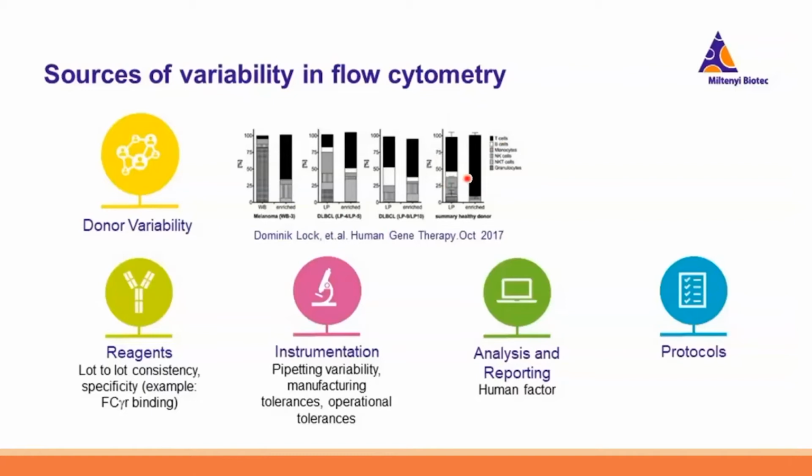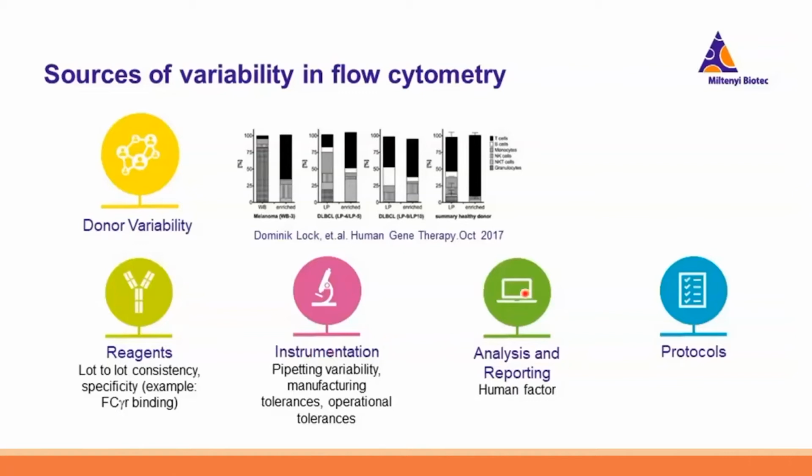However, there are also technical sources that affect the variability in flow cytometry. For example, the reagent that you are using to stain your cells, and also the instrument, which can result in different variability based on manufacturing tolerance, operational tolerance, and so on.